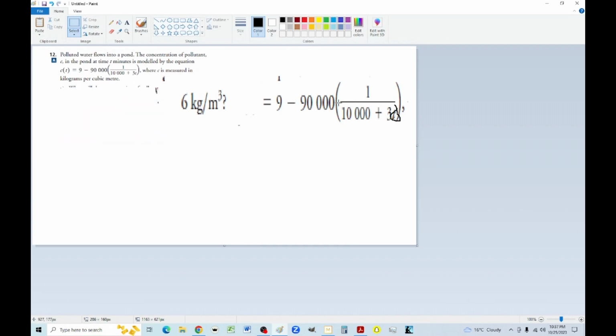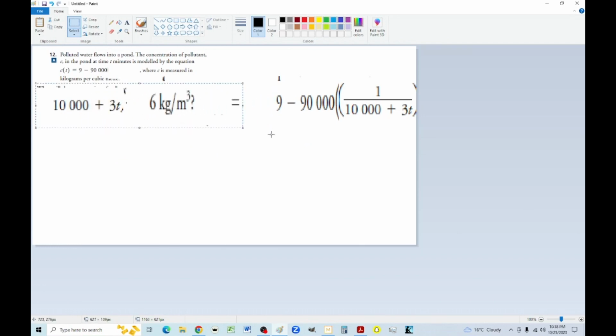You've got to multiply, so make sure that this is 3t down there. You're going to multiply both sides by this denominator. And keep in mind on the right side, the 9 has to multiply it too. You get 9 times that.